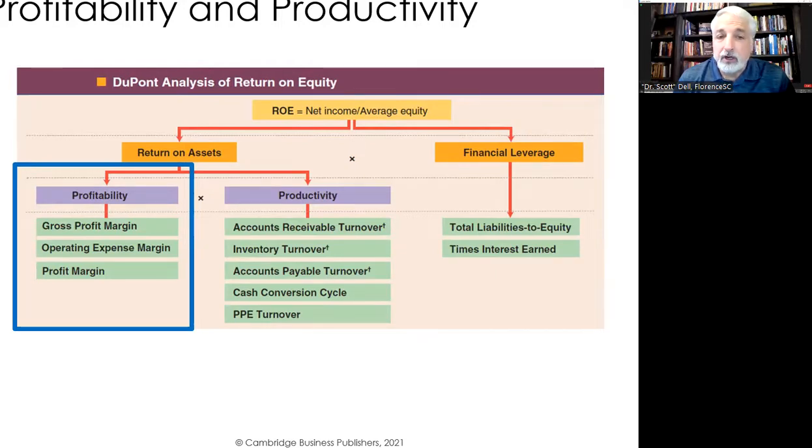We have a gross profit margin, an operating expense margin, and a bottom line net income or net profit margin. So you say, wait a minute, what's my profit margin? Yes, you do need to say it depends and answer the question: is it the gross profit, revenue less cost of goods sold, or is it the net profit, revenue less all the expenses that go with that? And we'll talk about operating profit and non-operating profit a little bit later.